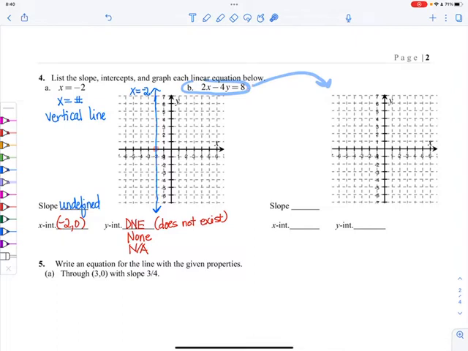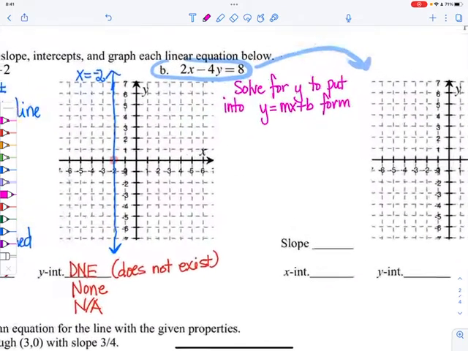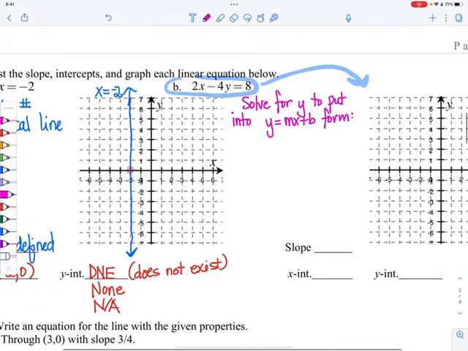What we want to do to find the slope in particular is solve this for y to put it into the slope-intercept form, which is y equals mx plus b form. So we're going to solve this for y. So the first thing I'll do is add 4y to both sides.